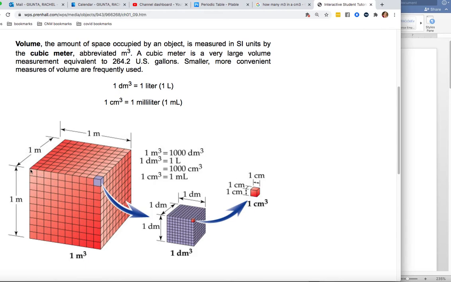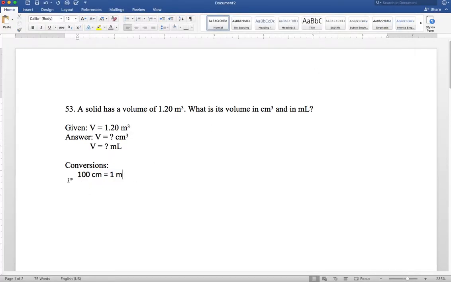But if you took a cubic meter like this and divided it into 100 this way, 100 this way, 100 this way, you'd end up with 100 times 100 times 100 cubic centimeters to make up that meter. You could do that if you knew this conversion and didn't know anything else. That 100 times 100 times 100 gives you 1,000,000 cubic centimeters equals 1 cubic meter.